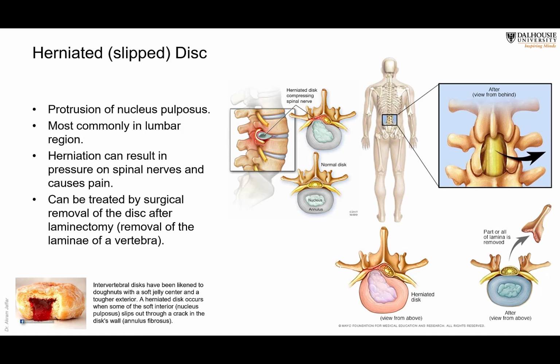What happens is that the gelatinous material present inside the donut here herniates through the annulus fibrosus, and as it herniates posteriorly, it's going to compress the structures that are present in the vertebral canal.